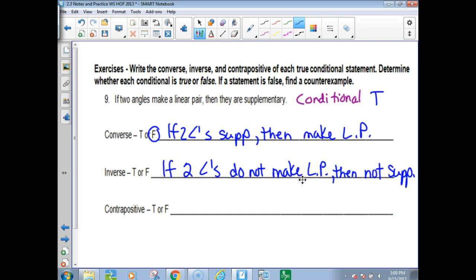If two angles don't make a linear pair, then they're not supplementary is false. Okay? They still can be supplementary, but not make a linear pair.